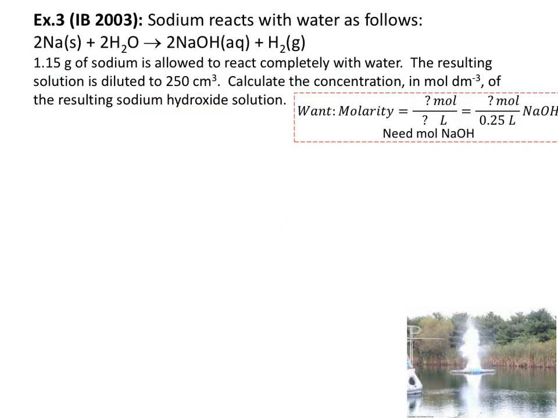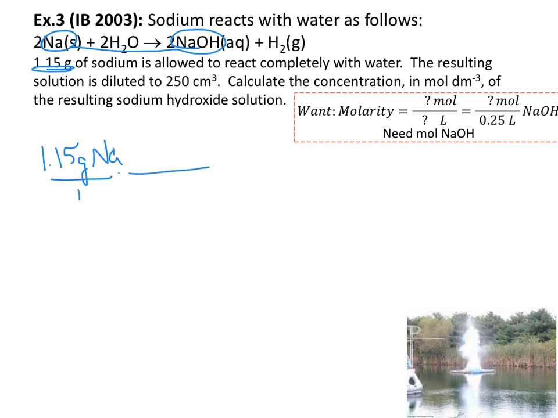All right, so I'm going to do the solute first. So I have sodium turning into sodium hydroxide. I know I start with 1.15 grams, but that's just of the sodium. So in order to convert one substance to another substance, I'm going to need to get to moles.